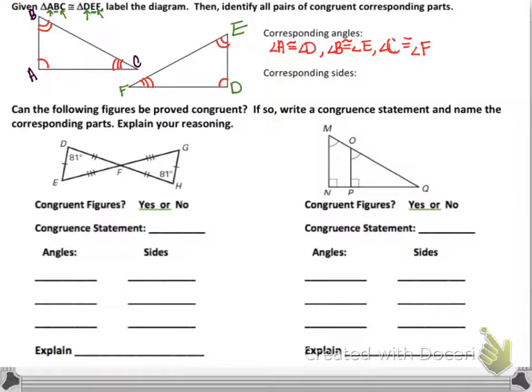Okay, so corresponding sides. We can match them up looking at, like, between one arc mark and two arc marks. AB is going to be congruent to DE. So that's going to be corresponding sides.